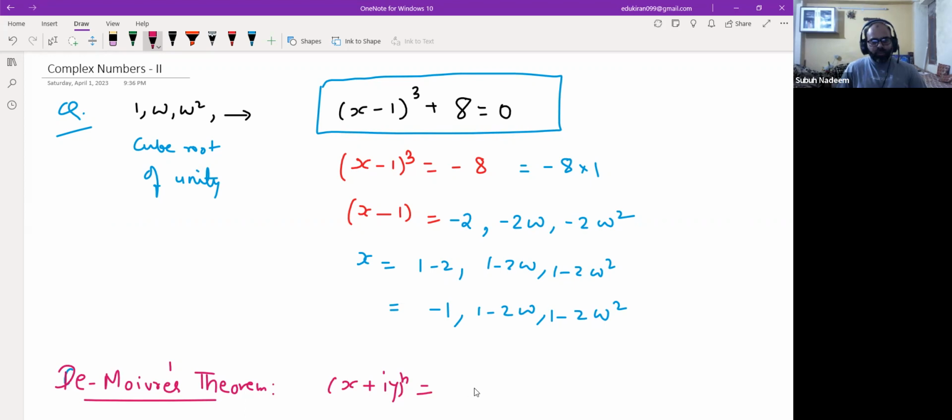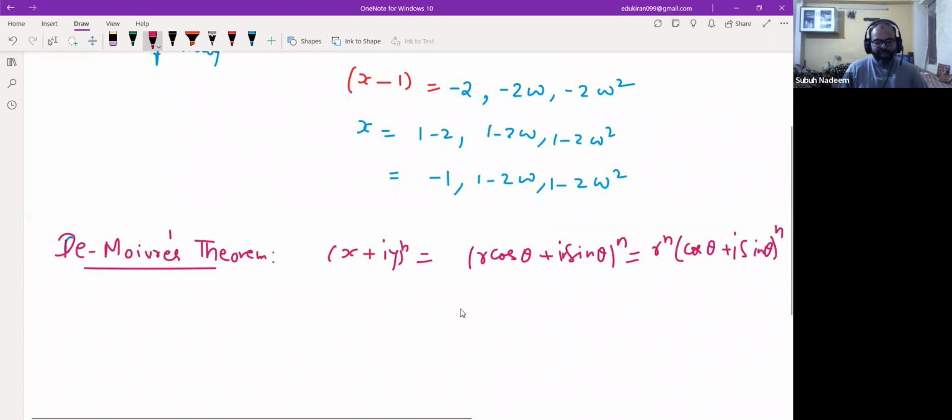Another form is the polar form, that is r cos theta plus iota r sin theta to the power n. So r will come outside, r to the power n, cos theta plus i sin theta to the power n.